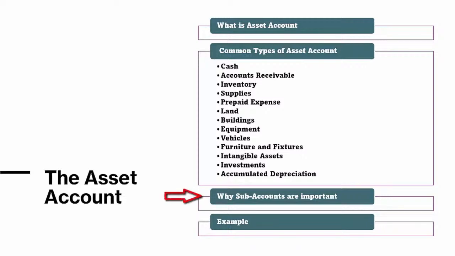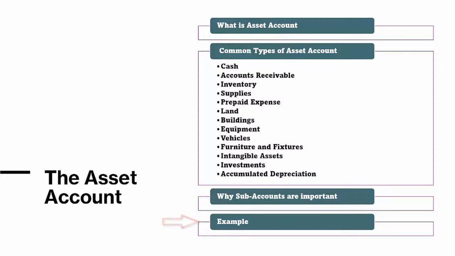Why these sub-accounts matter. Each sub-account gives us specific information about different kinds of assets the business owns. By separating assets into these categories, we can see exactly where our resources are and understand how they contribute to the business. For example, cash helps pay bills and employees.